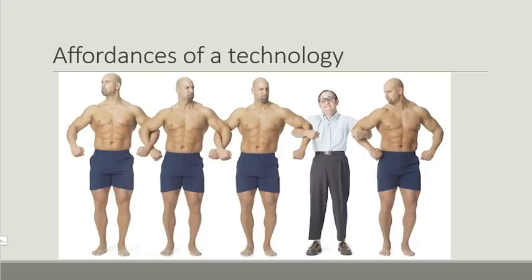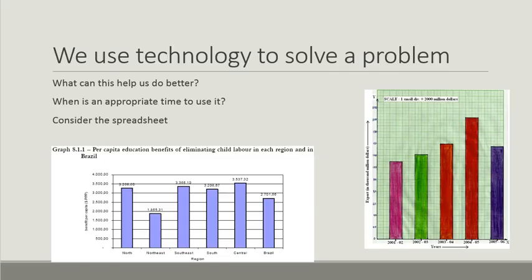The affordances are the strengths and weaknesses that a technology may bring to a particular situation. To illustrate that point, I offer up the spreadsheet. If we're trying to teach people graphing, then we can certainly teach people to graph using graph paper, rulers, and markers. We can absolutely do that.